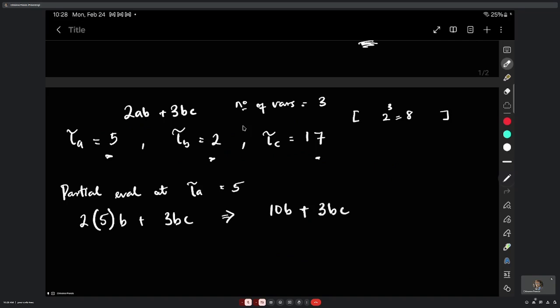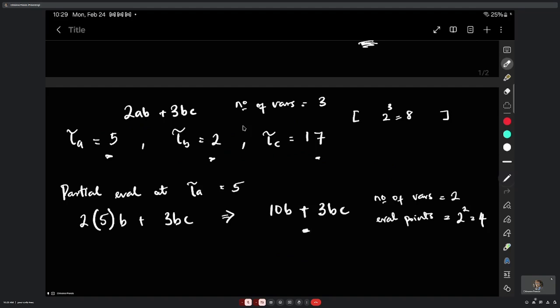How many variables does this polynomial have? 2, and the eval points are 2 to the 2, which is 4. So we've partially evaluated at A, and this is our new polynomial.